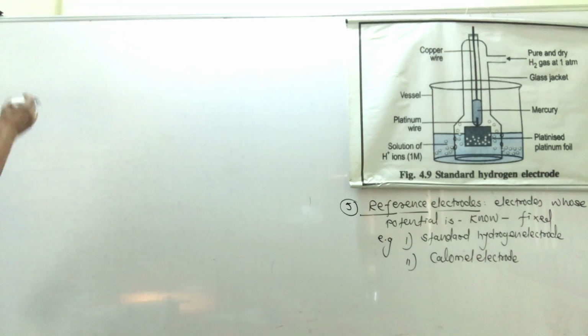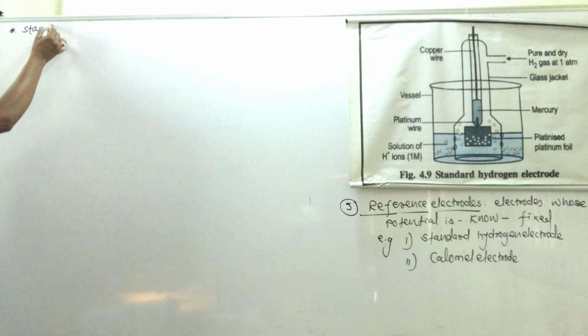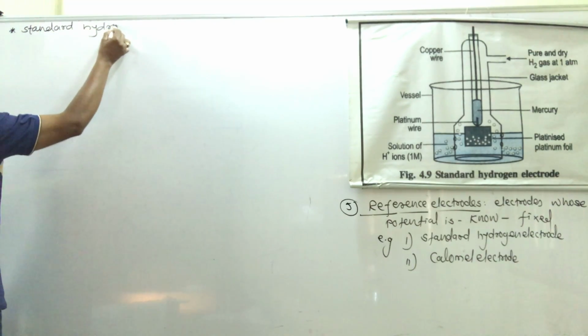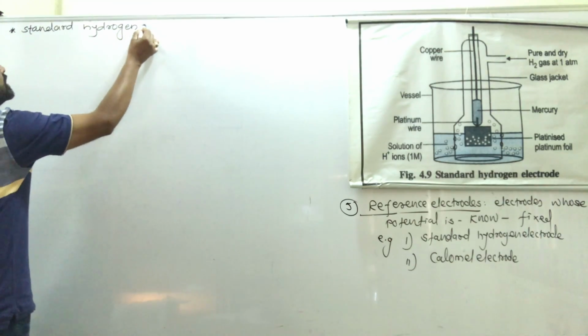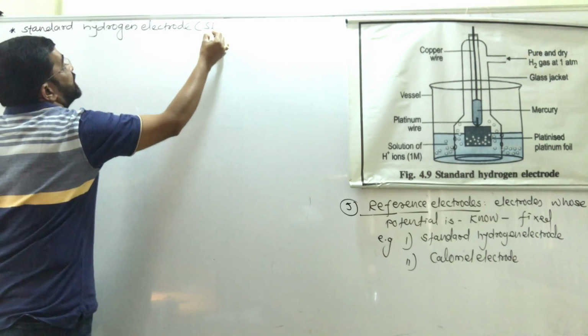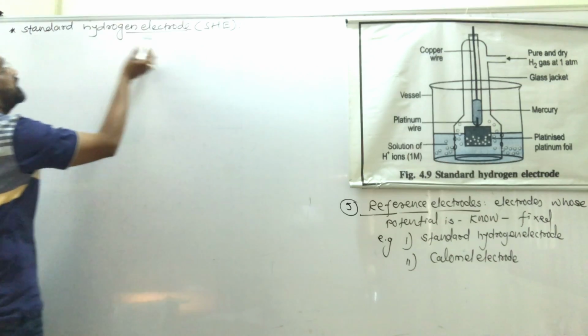So, the standard hydrogen electrode. What is the standard hydrogen electrode? It is abbreviated as SHE.